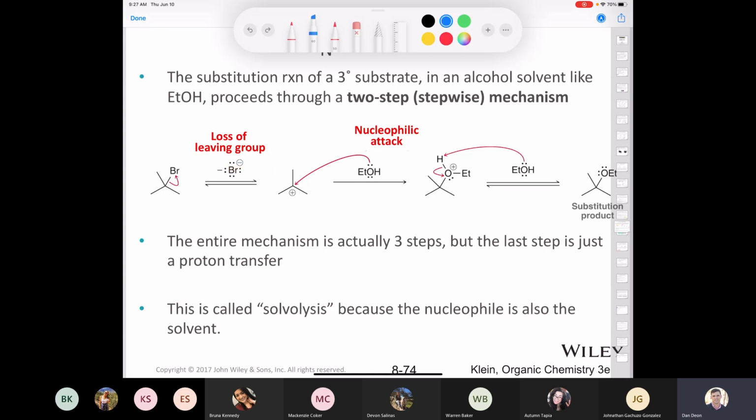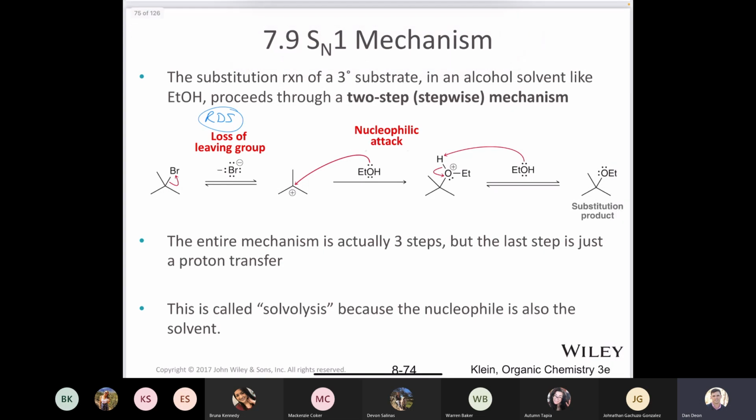Again, this is the rate determining step of the reaction, the loss of leaving group. Then, if you want to do the substitution reaction, you've got a nucleophilic attack by the ethanol in this case. Then you have to have a proton transfer in order to complete the process and form the substitution product. Again, the last step is just a proton transfer.